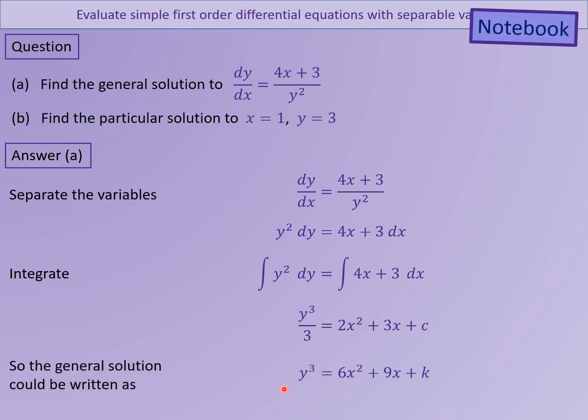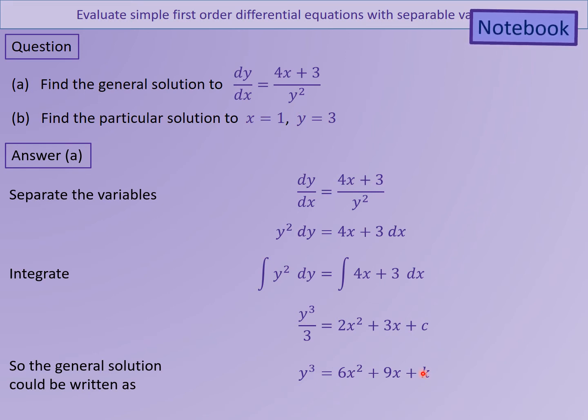Okay, so we'll look at what I've done there though. It's worth noting, because I've timesed by 3, I've neatened that part up to get y cubed. The 2 obviously goes to 6 when I times that by 3. The 3 obviously goes to 9 when I times by 3. And if you've written 3c just there, there's absolutely nothing wrong with that answer.